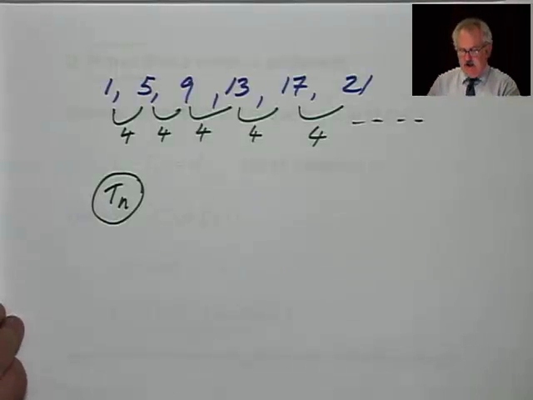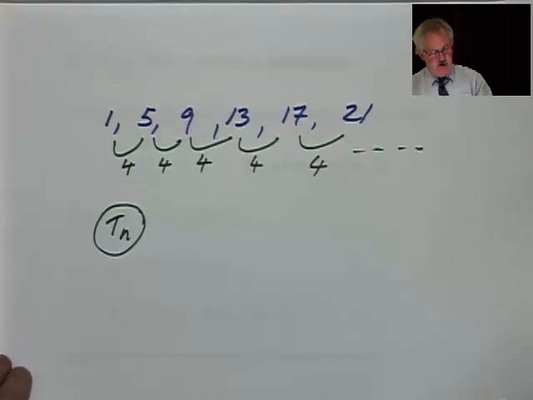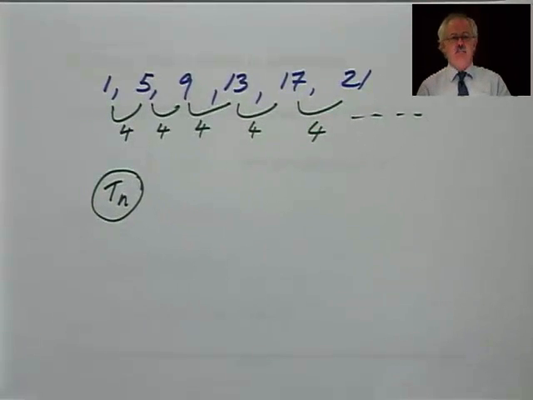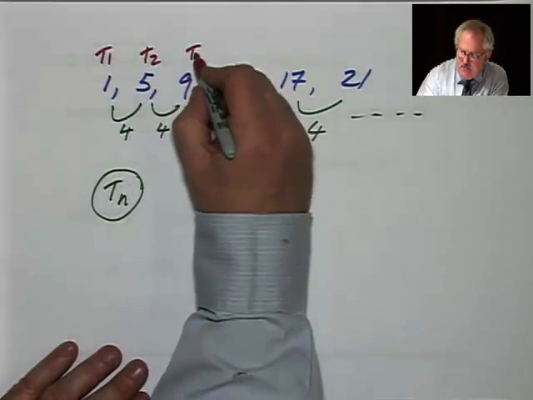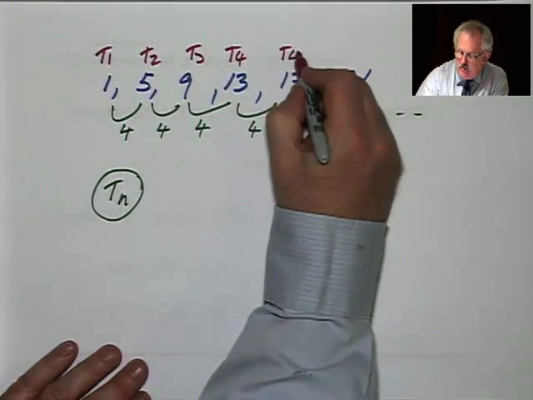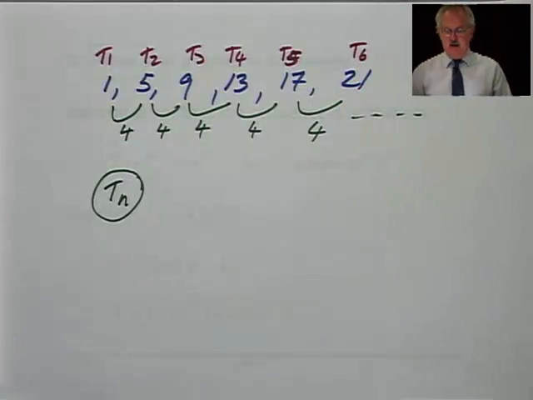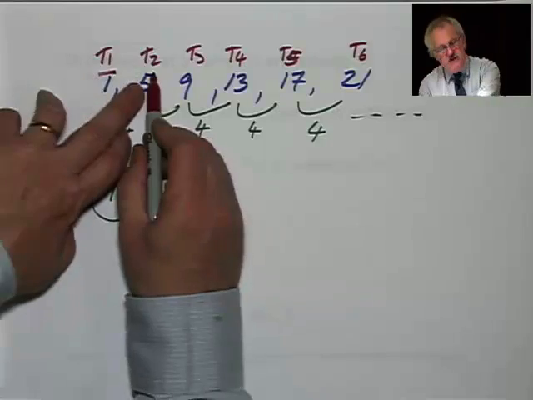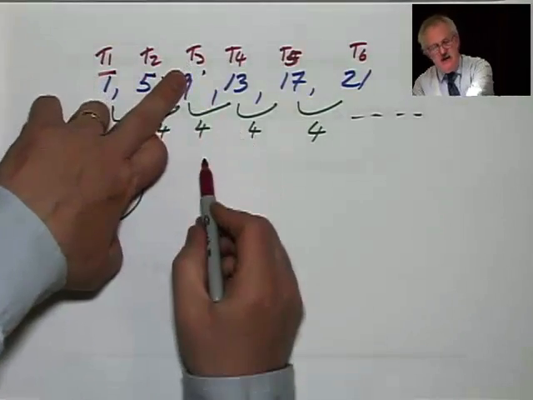So what we're asked to do now is figure out how we can prove that a series or a sequence is arithmetic. Well, what's the definition of a series that's arithmetic? Basically, the definition is that if you go from any term to the next one, you add d. Any term to the next one, you add d.